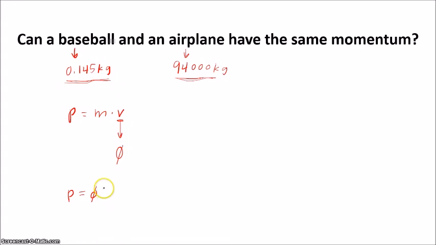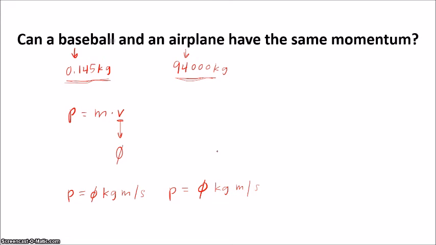Its momentum is 0. If the airplane is not moving, even though it's so much more massive than the baseball, its velocity also equals 0, then its momentum equals 0. So yes, an airplane and a baseball can have the same momentum. It's easy. They just have 0 velocity.